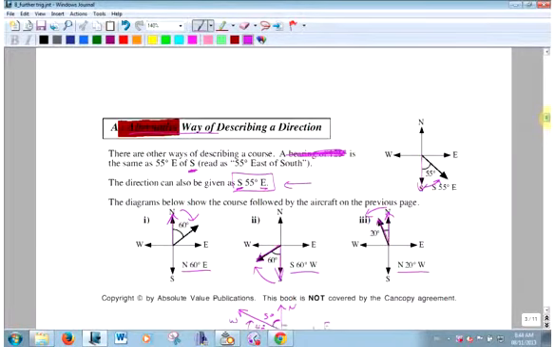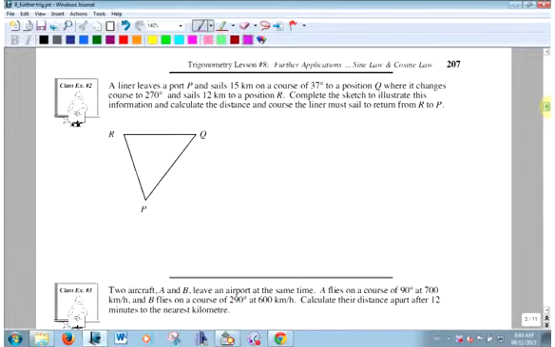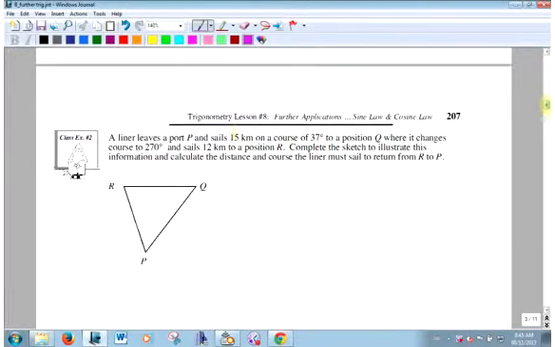Okay? So let's backtrack and look at this guy, but we're going to change our question a bit. A liner leaves a port P, and sails 15 kilometers on a course 37 degrees to a position Q. Let's go north 37 degrees east.